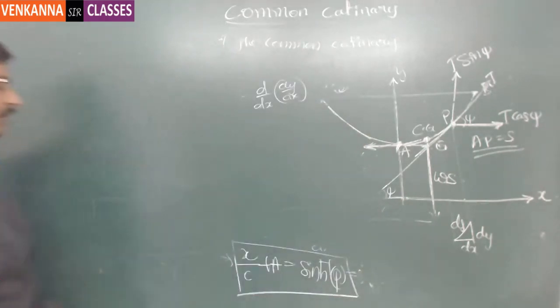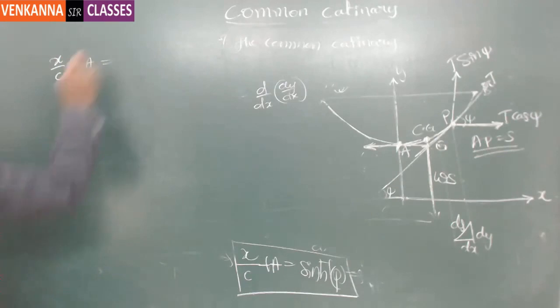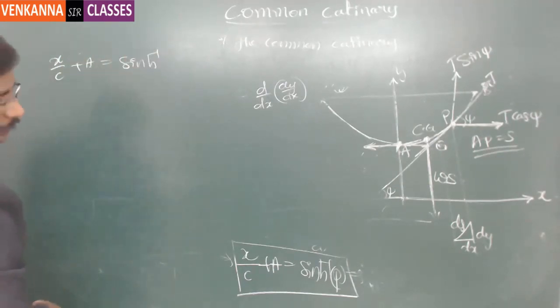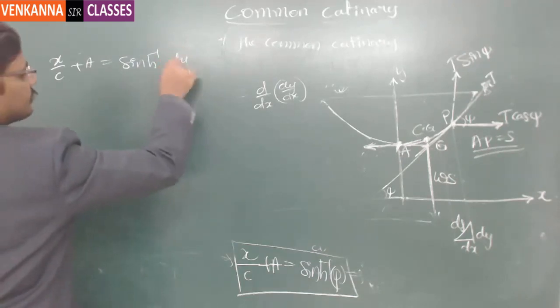So now we have got the intrinsic equation: x by c plus some constant a is equal to sinh inverse of p, where p is nothing but dy by dx.